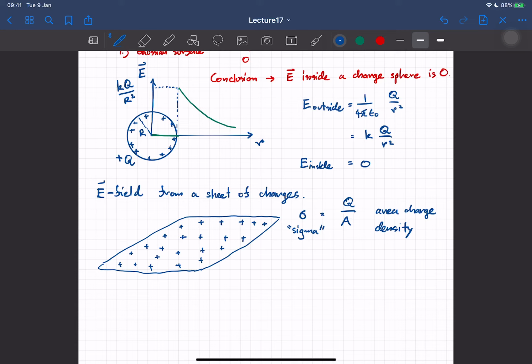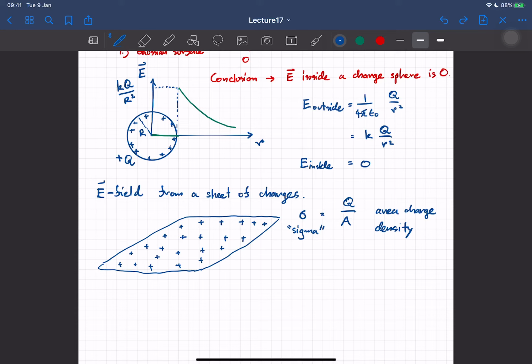The larger the sheet, the more charge you have, so instead of talking about the total charge or the total area, it's a lot more convenient to talk about sigma, the charge per area. In the last lecture we had linear charge density, that's charge per length. So it's a different geometry, a different object, but the concept is kind of the same.